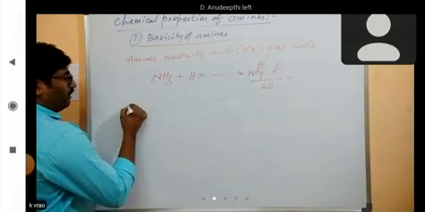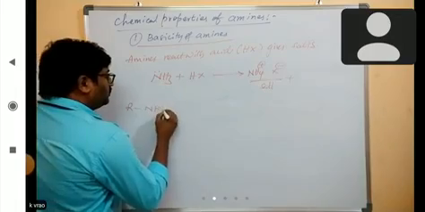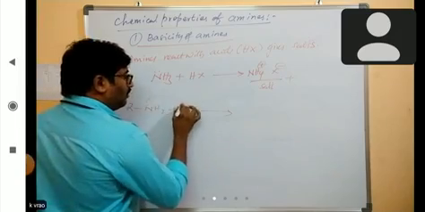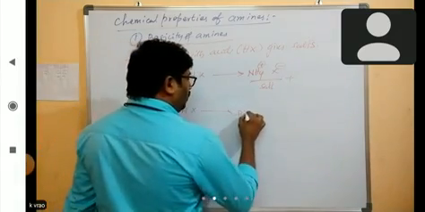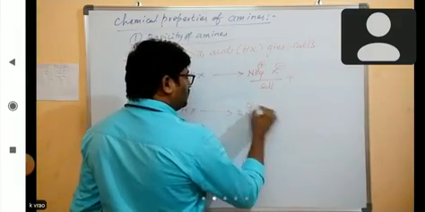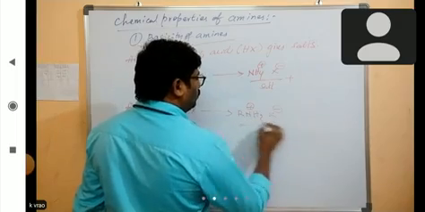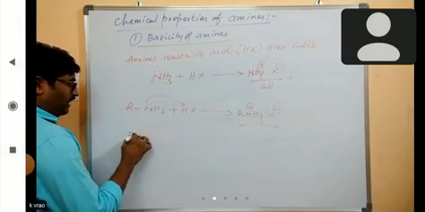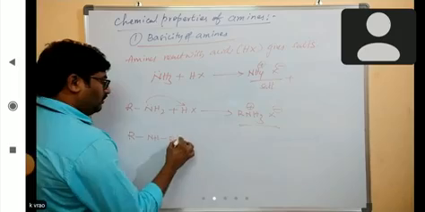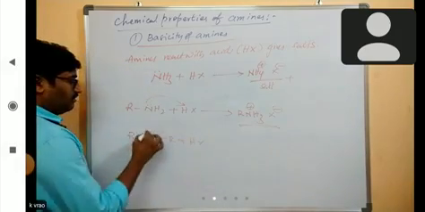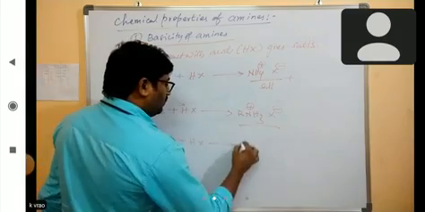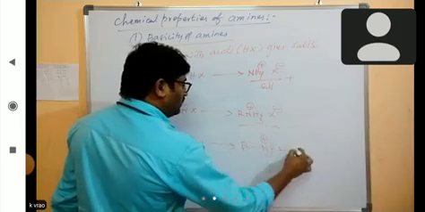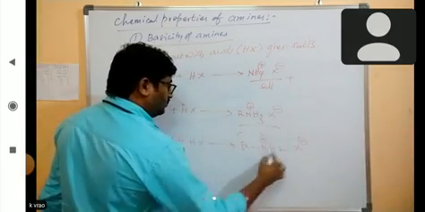Next, if I take primary amines, RNH2 plus HX gives RNH3 plus X minus. This is called the salt. Next, secondary amines, R2NH plus HX, give R2NH2 plus and X minus. So this is the salt.